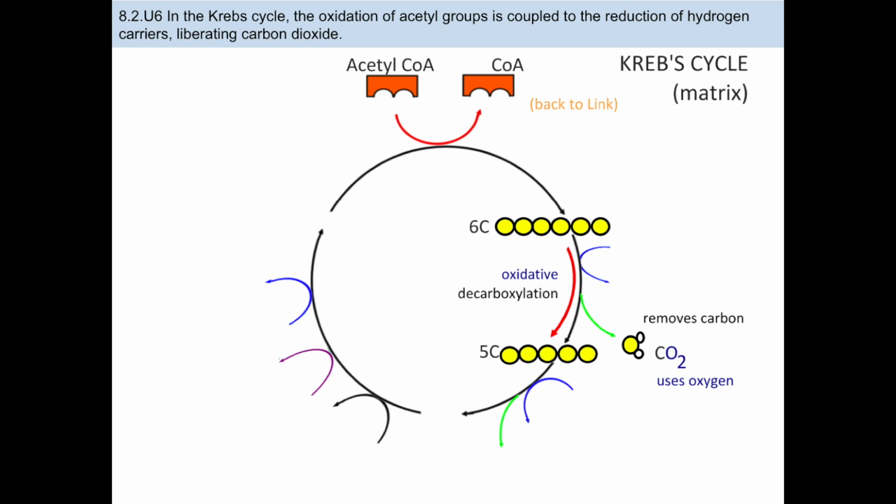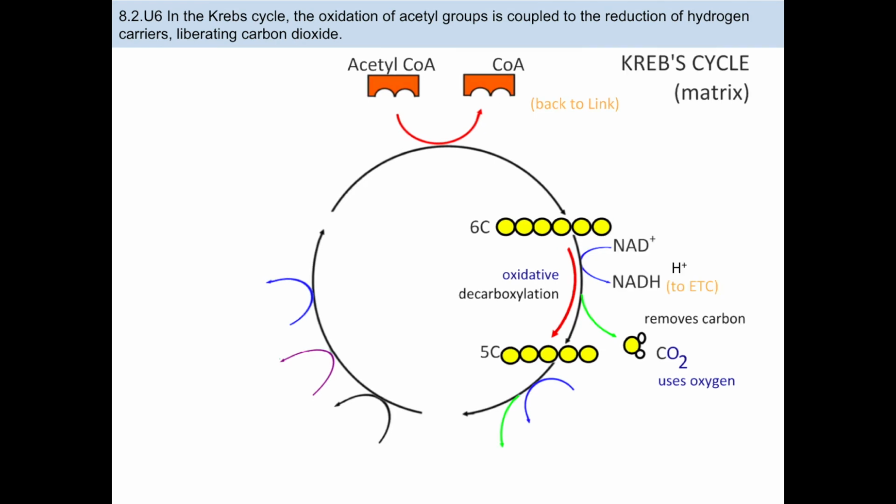Hydrogen and electrons. Where will that electron and hydrogen go? To your NAD plus again. So NAD plus is reduced. The citrate is oxidized and decarboxylized, so it loses hydrogen, electron, and carbon. Clear? To become a 5-carbon molecule.